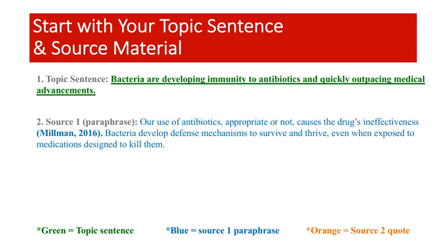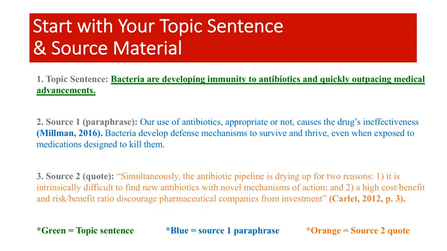So a source on that, I've already paraphrased it from the source. So our overuse of antibiotics, appropriate or not, causes the drug's ineffectiveness. Bacteria develop defense mechanisms to survive and thrive, even when exposed to medications designed to kill them. And then source number 2 in orange is a quote, and it is talking about the pipeline for creating new antibiotics not working because of 2 issues.